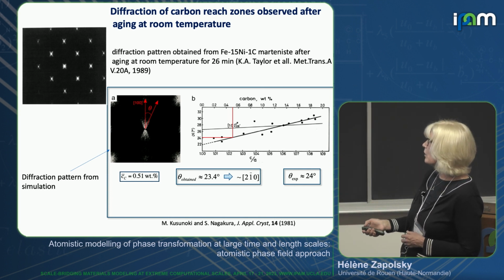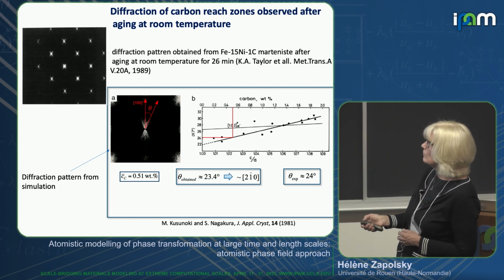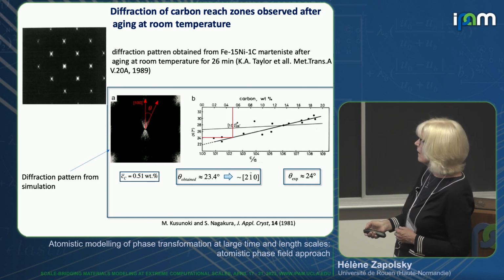And in our simulation, we obtain the same kind of diffraction spots. Related to this, we can calculate the angle between the main direction, for example 100, and this alignment of the diffraction spots, and compare with experimental data.